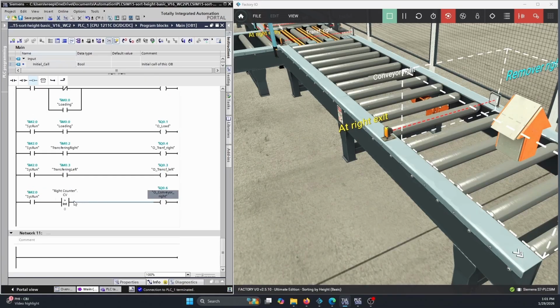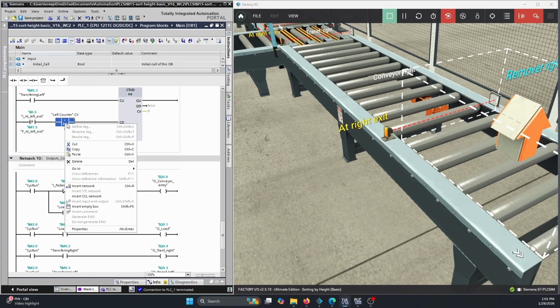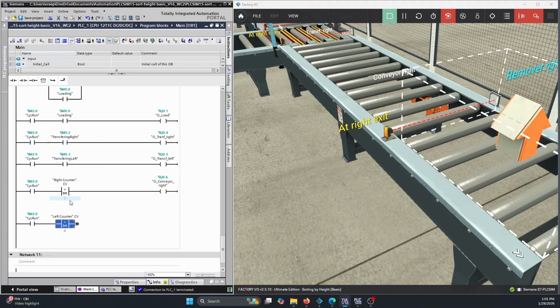Beautiful. Looks good. I'm going to build up the next one because again I want to grab this one from the previous network there. So here I can do this, right? I can copy my sysrun. Beautiful. And as long as the left counter, copy, paste, is above 0, right? That means that there's an actual pallet on the conveyor.